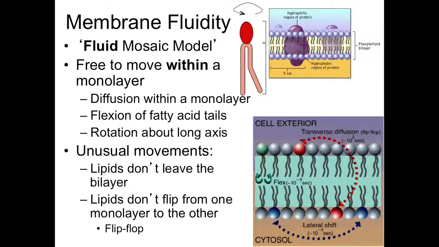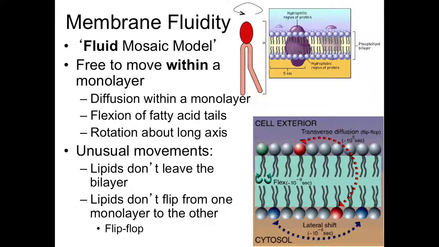Membranes are synthesized in the endoplasmic reticulum. And when you think about the internal membrane system, we'll talk more about this when we talk about the endomembrane system, but the non-cytosolic monolayer is always the non-cytosolic monolayer, and the cytosolic monolayer is always the cytosolic monolayer.